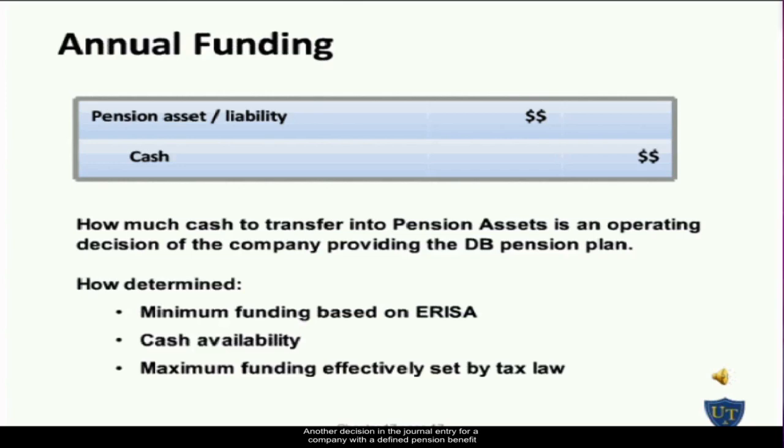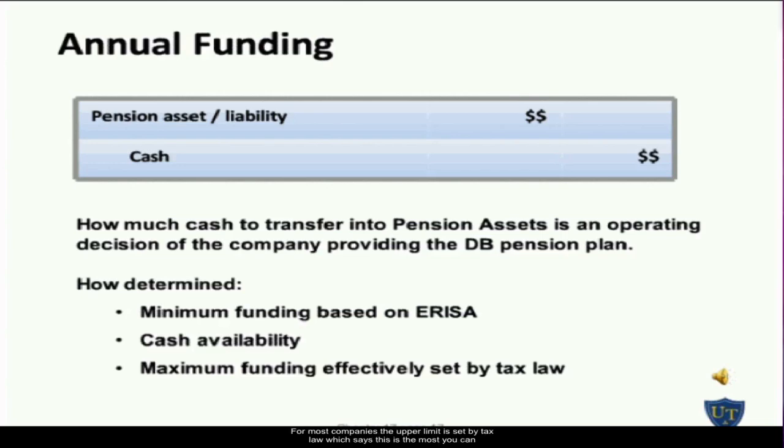Another decision and journal entry that a company with a defined benefit pension plan would have to make is how much cash or other assets to transfer into the pension assets. That decision is based upon balancing the minimum funding that's required by ERISA, which is a federal law related to employee benefits, and that establishes a floor or a minimum amount that must be provided.